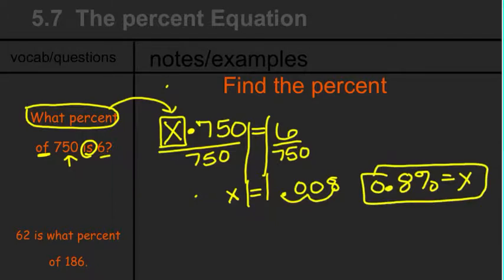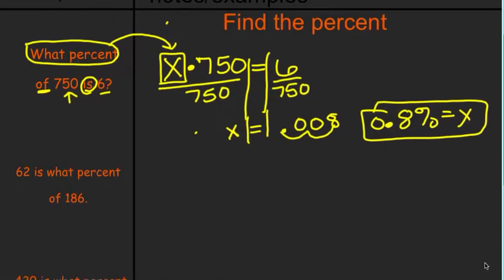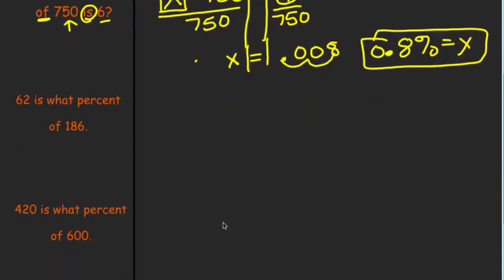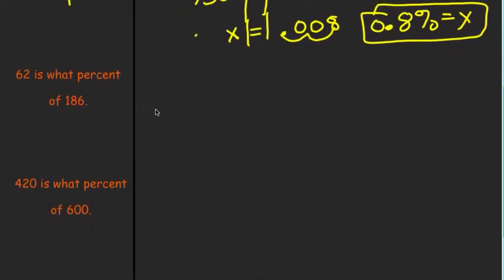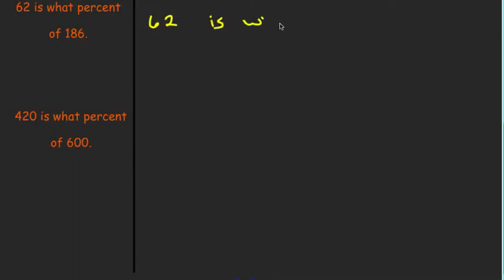All right, let's try one without a decimal, I'm hoping. 62 is what percent of 186? It might be helpful when you're completing these problems if you had the sentence written out in the long format. 62 is a number, so I'm just going to drop it down and leave it alone.